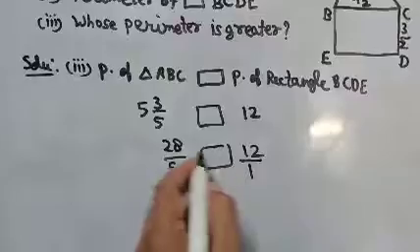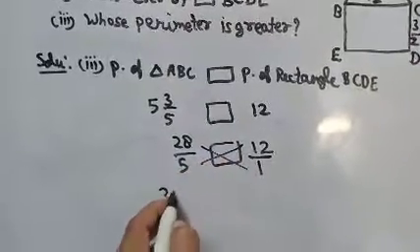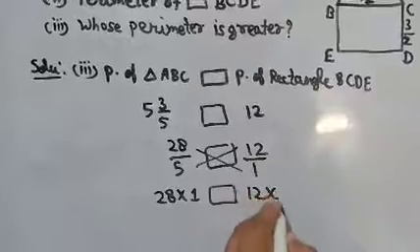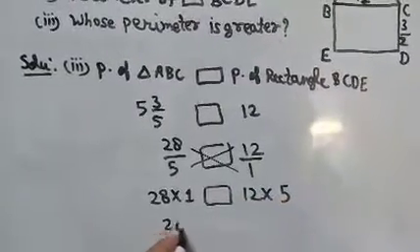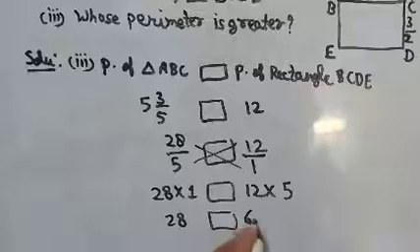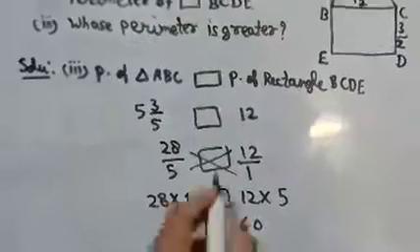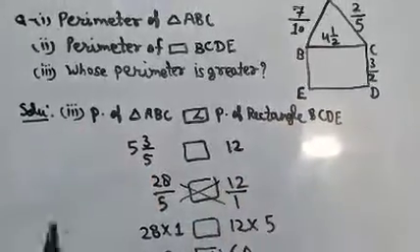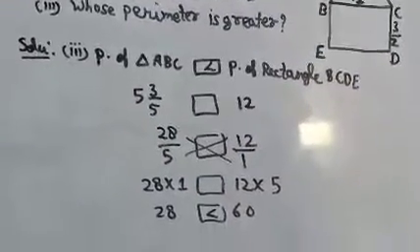Cross multiply: 28 into 1 versus 12 into 5, 28 versus 60. 60 is greater than 28, that's why the perimeter of the rectangle is greater than the perimeter of the triangle.